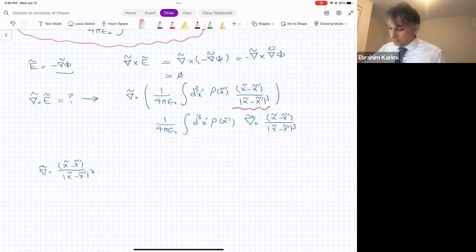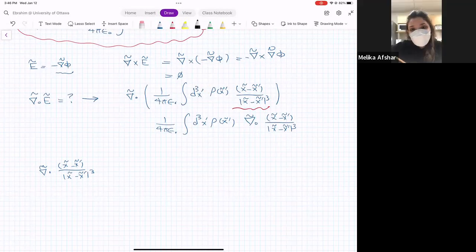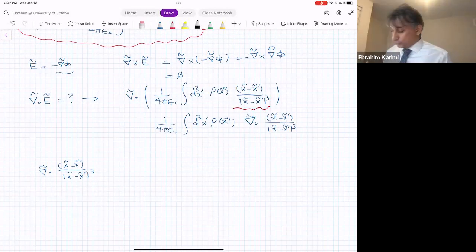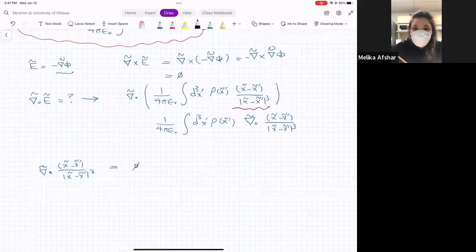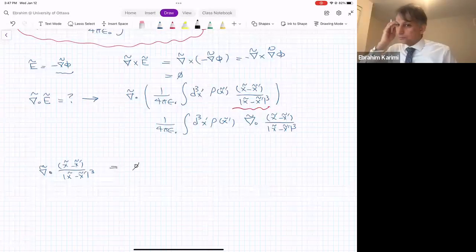I mean, you are right, Melika, there is something missing, but the aim of this course is forcing you to do the mathematics by yourself, okay? So I will encourage you to do that by yourself. Look at the divergence of this. If you do the mathematics, you will get 0.